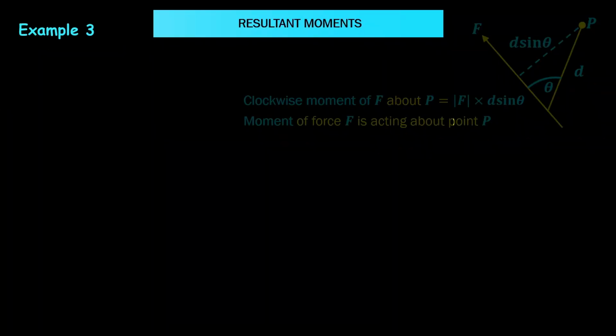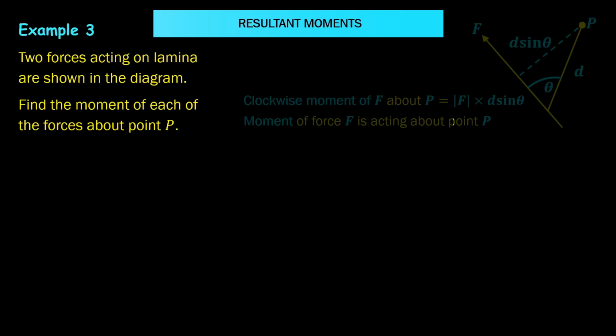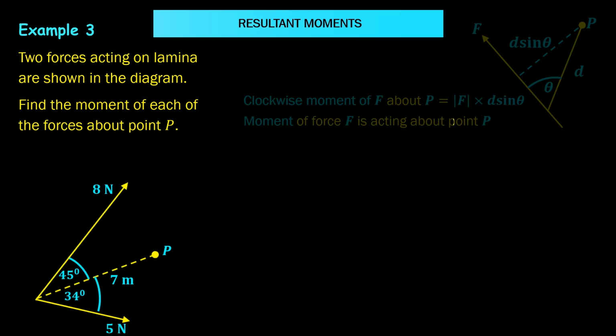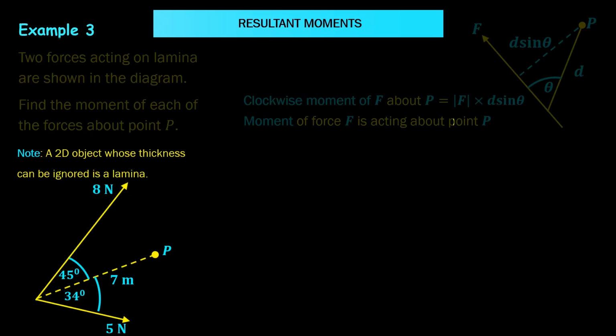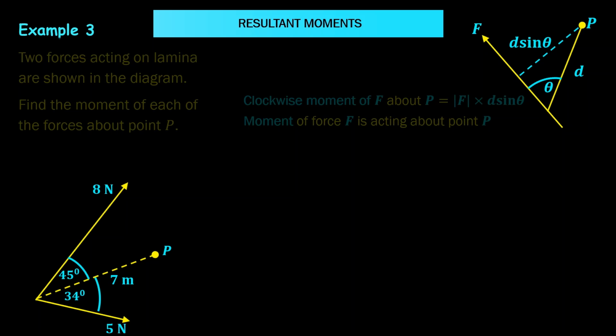Let's now take a look at another example. Two forces acting on a lamina are shown in the diagram. Find the moment of each of the forces about the point P. Recall that a 2D object whose thickness can be ignored is a lamina. Let's begin by calculating the perpendicular distance from the point P for the 8 Newton force.